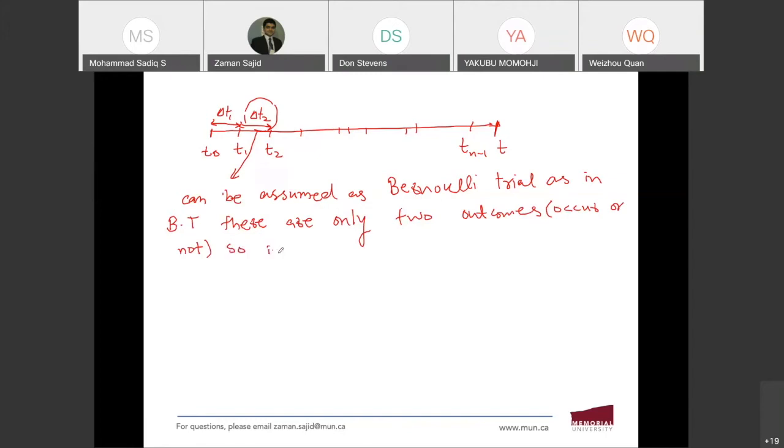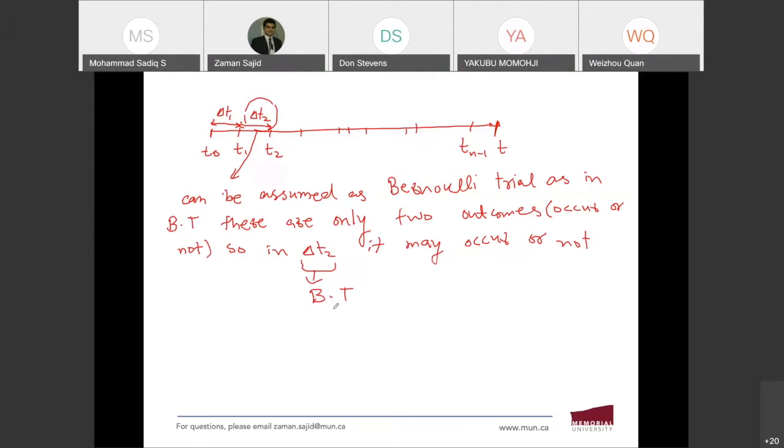So in delta t2 or delta t1, it may occur or not. Therefore, this delta t2 is a Bernoulli trial.